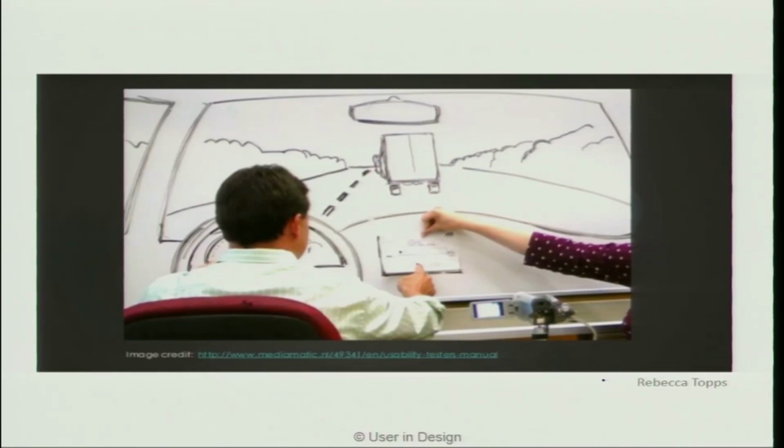Here's another example, and you can see that this is, of course, a make-believe situation where the dashboard of a car has been drawn on the board, and what is being tested is the car entertainment system, the car radio, and basically the entire music system.